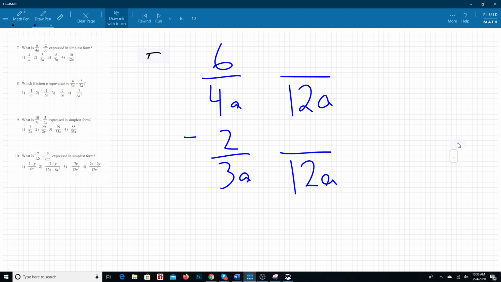I know that for the top expression I multiplied the denominator by 3, and for the bottom expression I multiply that by 4. Whatever I do to my denominators, I also have to do to my numerators.